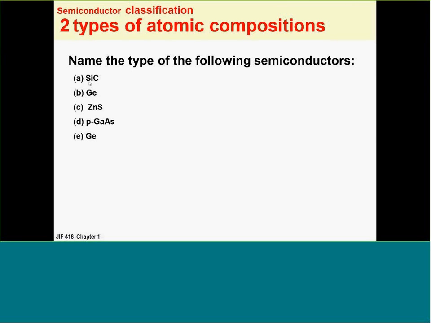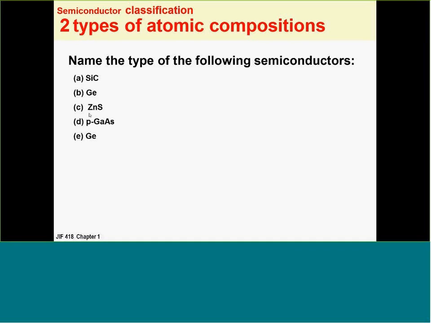So if we look at this one, silicon carbide, under atomic composition, we know that it is a compound semiconductor. Germanium, since this one is only one element, is an elemental semiconductor.